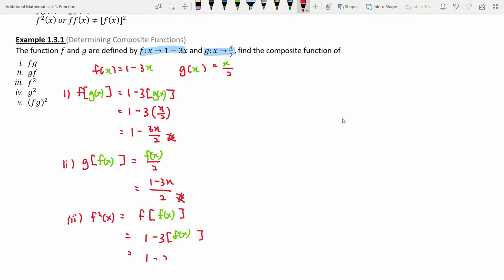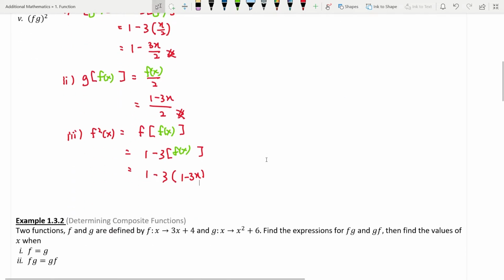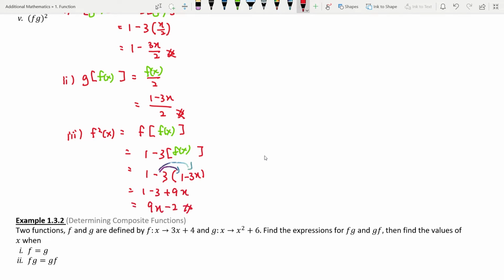We get 1 minus 3, 1 minus 3x. Expand it. We have 1 minus 3. Minus and minus, we get a positive 9x. Simplify it, we have 9x minus 2.